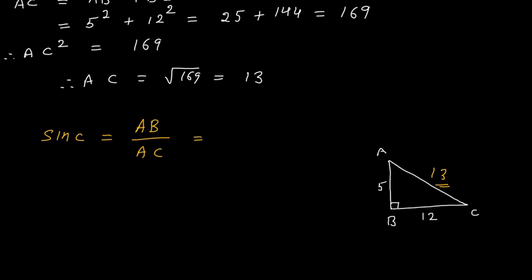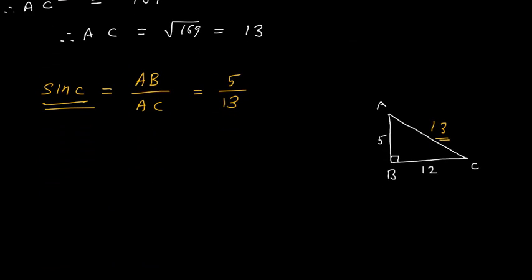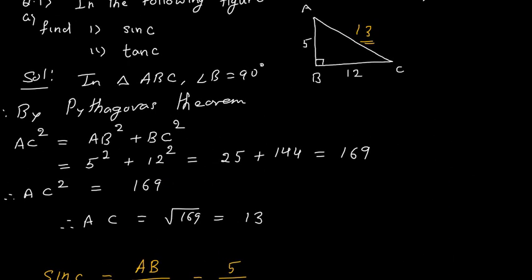The value of AB is 5, the value of AC is 13, so 5 upon 13 is the value of sin C. Next, we have to find the value of tan C. So for angle C, tan C is opposite side, which is AB, divided by adjacent side, which is BC. So AB upon BC is 5 upon 12. This is the value of tan C. Done. So we have found the value of sin C and tan C.